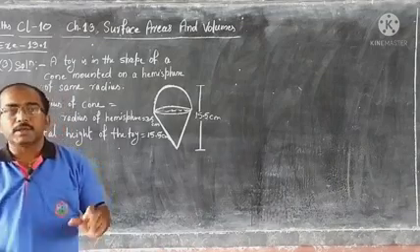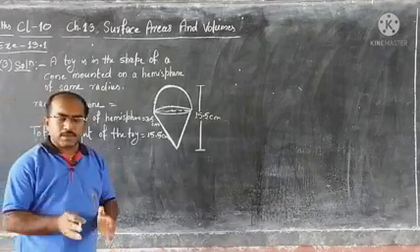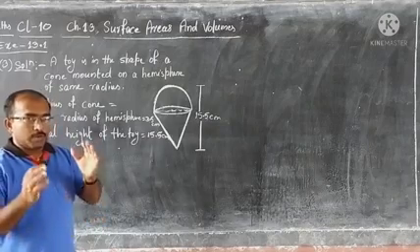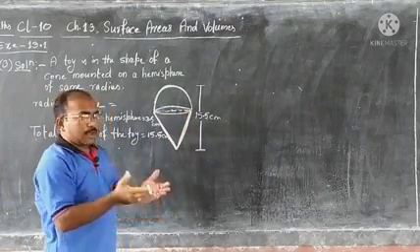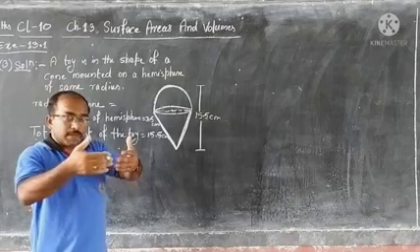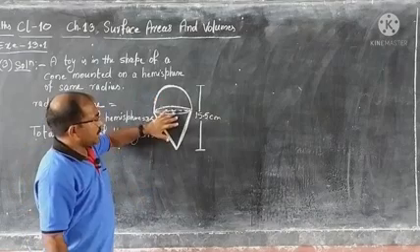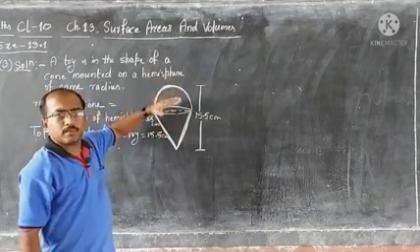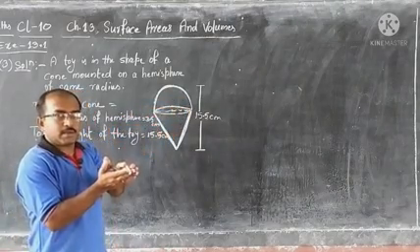Now, what we have to calculate? The question asks: find the total surface area of the toy. That means we need to calculate the curved surface area of the conical portion. Both are attached, so the top surface of the cone and the flat circular surface of the hemisphere are attached.